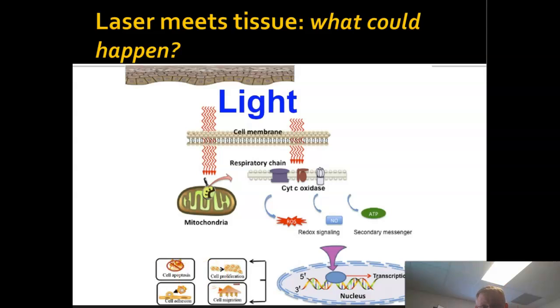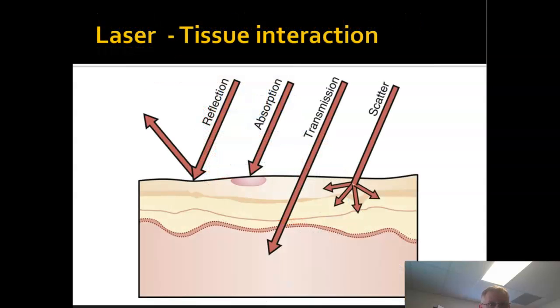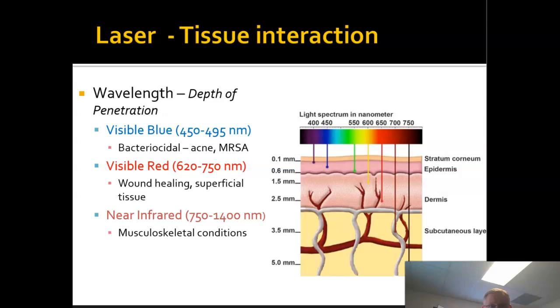Now, I want to remind you a little bit about our previous conversations about absorption, transmission, reflection, that kind of stuff, because the light that we apply can definitely be affected by the tissues it comes in contact with, and it is also dependent on the wavelength. And so here's the difference in wavelength.